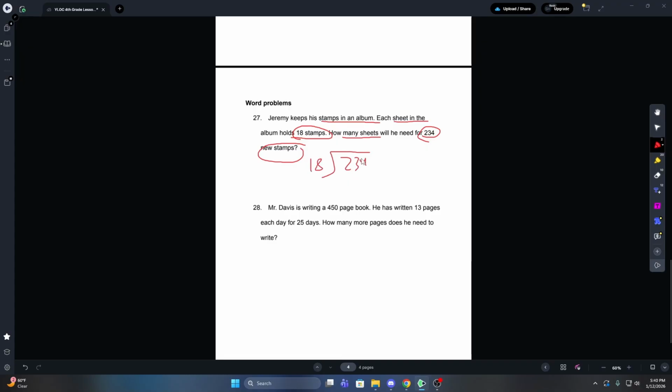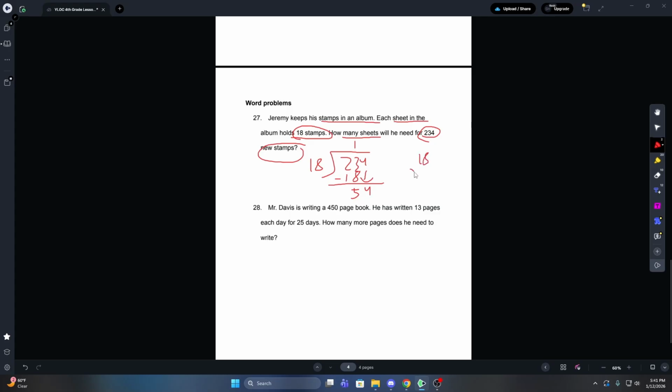And we do exactly what we've done. Here, how many times does 18 fit into 23? Only once. 23 minus 18 is going to give you 5. Bring down the 4. How many times does 18 fit into 54? That should be roughly 3, I think.